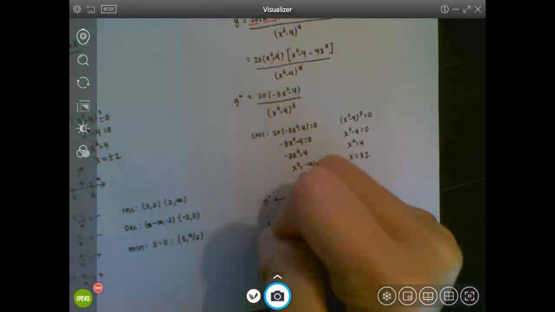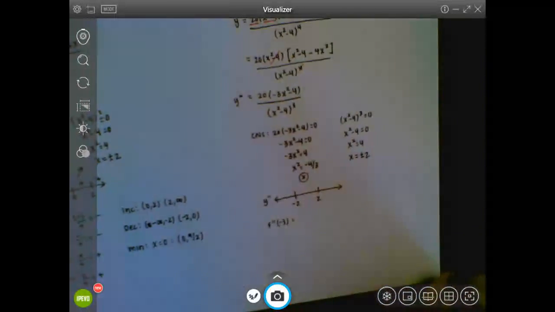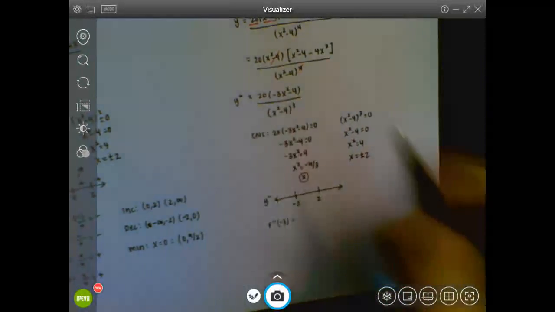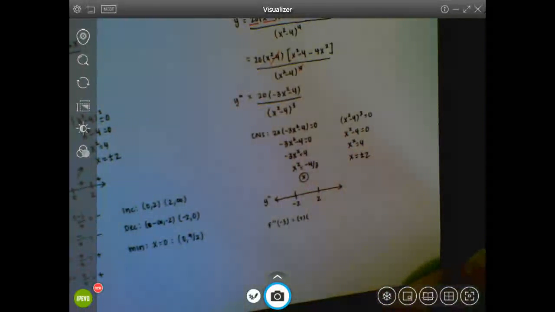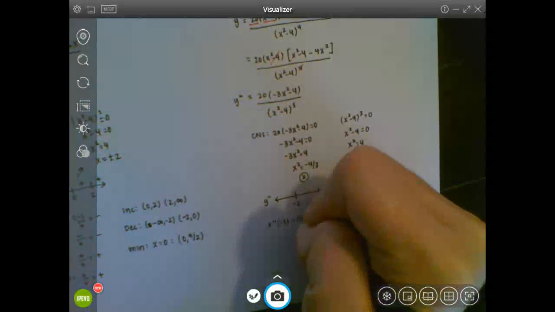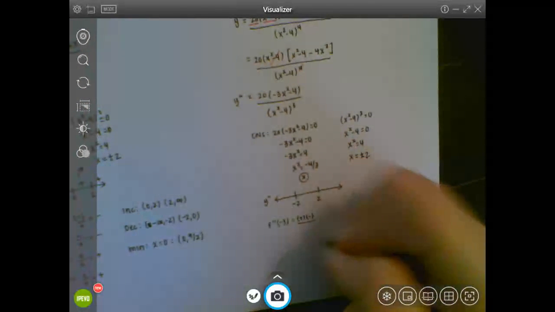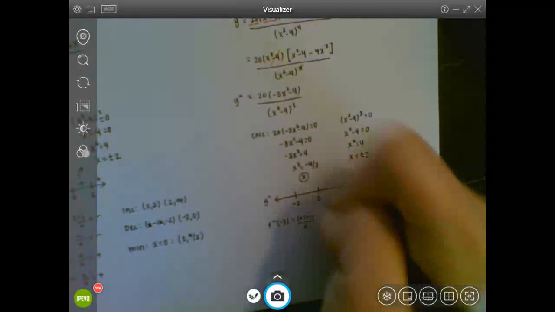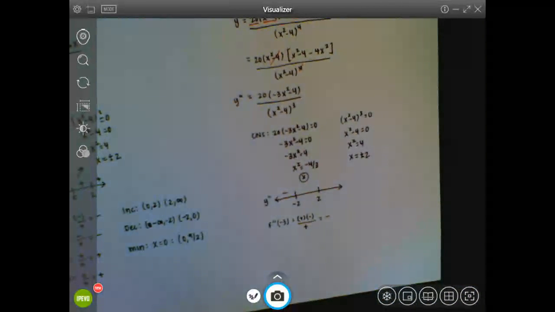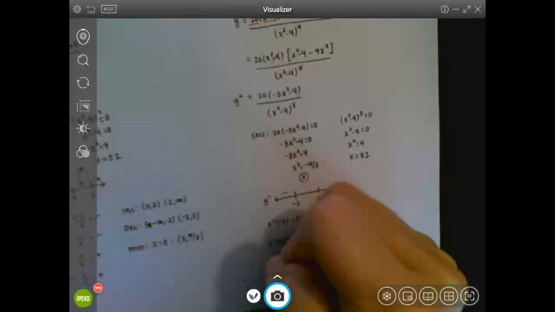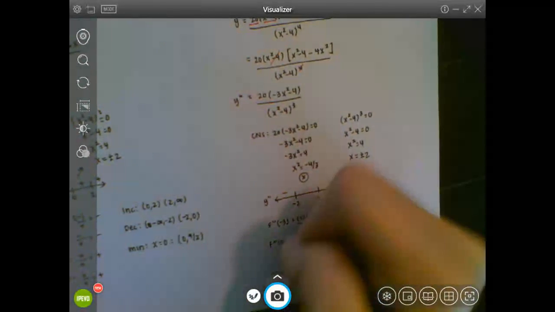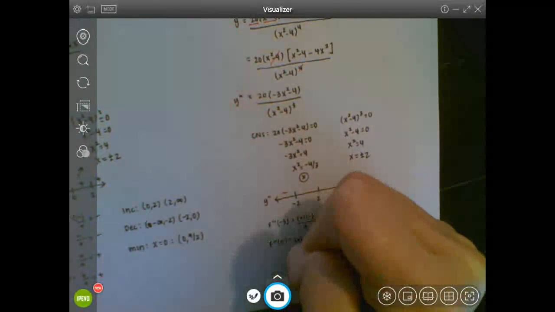So I'll test negative 3 in my second derivative up here. Again, just looking for a sign. So 20 is obviously plus. This will be a minus. And then the denominator will be a plus. So that should give me a minus in the first interval. Second one, I'll test 0. So 20 is obviously going to be a plus.